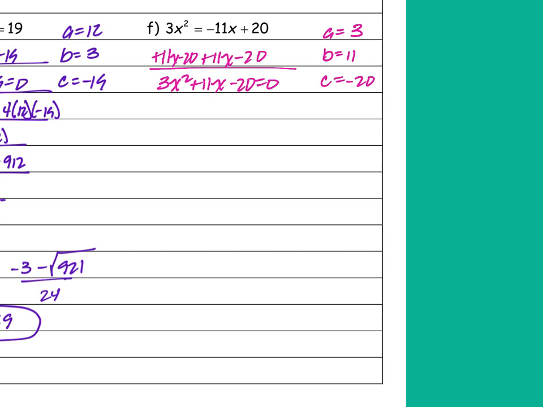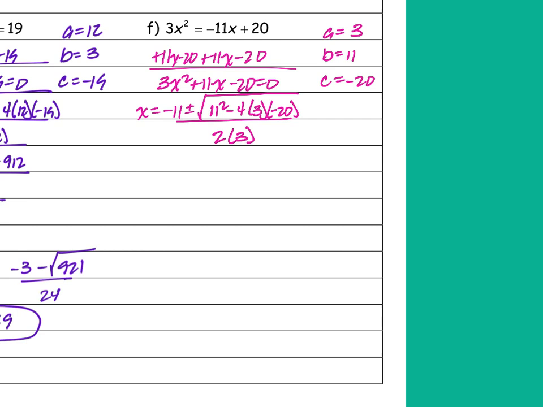Wow, okay. I don't know what I was doing with quadratic, but I kept doing the wrong thing today on these 2 problems. Okay, so x is going to equal -11 plus or minus the square root of 11 squared minus 4 times A times C, all divided by 2 times A.